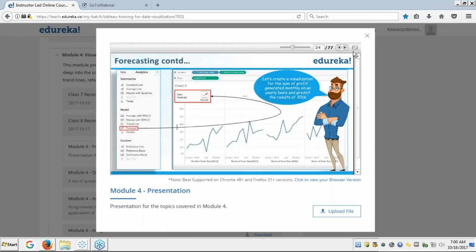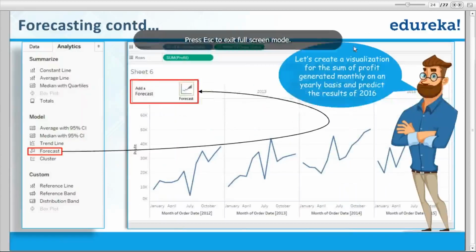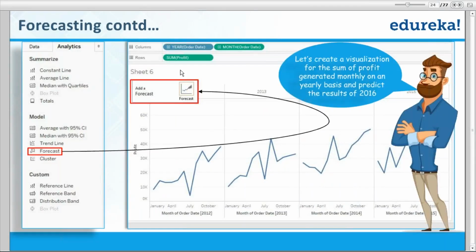Okay, so we were seeing the concept of forecasting in our last class. What is forecasting and how does it work in Tableau? What is mandatory in order to perform forecasting? The year field is mandatory.